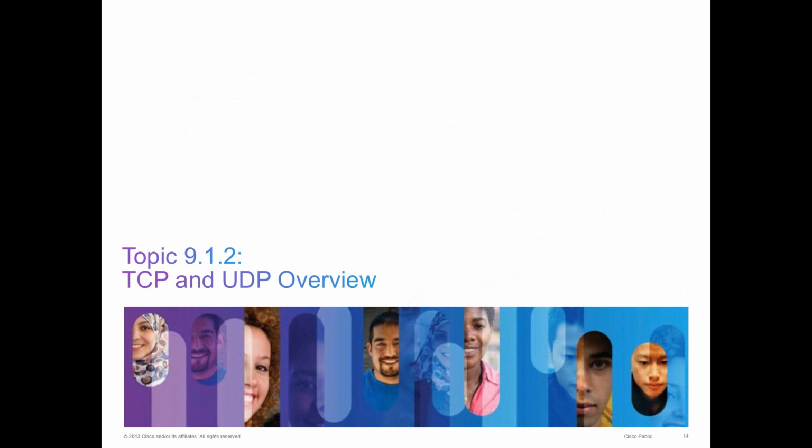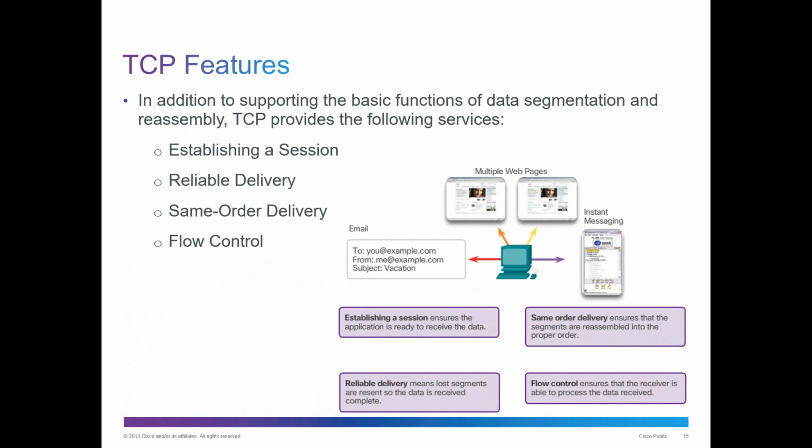All right, so we have a TCP and UDP overview here. Some things we saw in the first section on features of TCP: establishing a session ensures the application is ready to receive data. Same order delivery ensures that the segments are reassembled in the proper order.